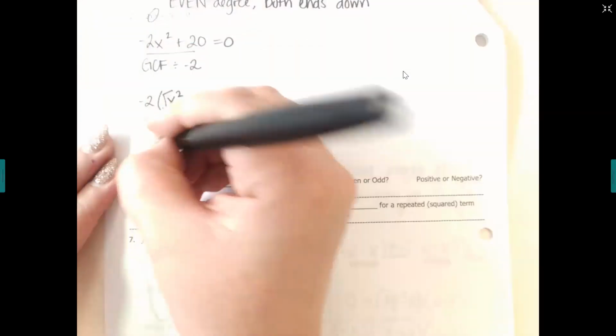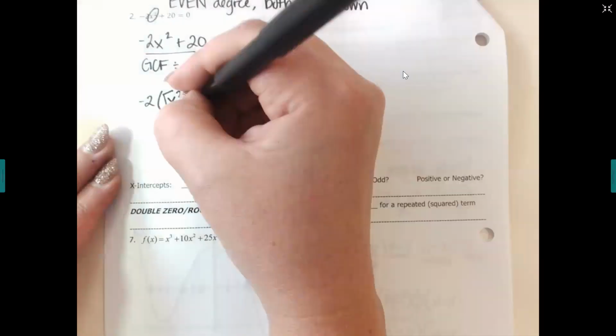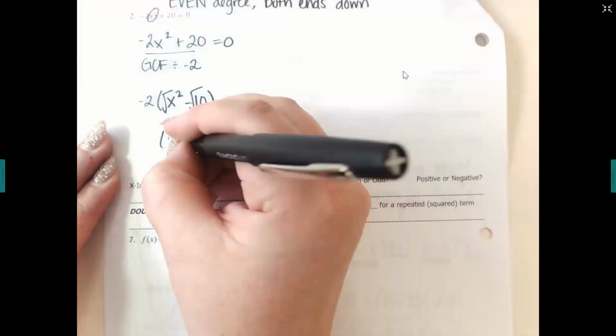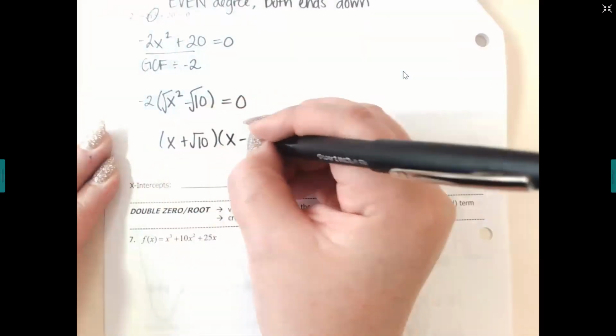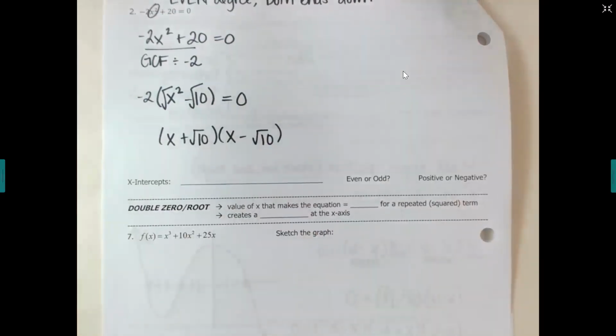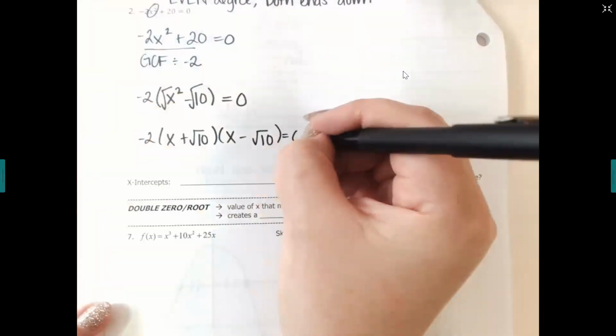The square root of x squared is going to be x and x. And the square root of 10, if it were a perfect number, I would find it. But if it's not, then just put plus root 10 and minus root 10. Okay, so if it's not a whole number, that's okay. Just keep this square root in there. Okay, and then my negative 2 is 0.